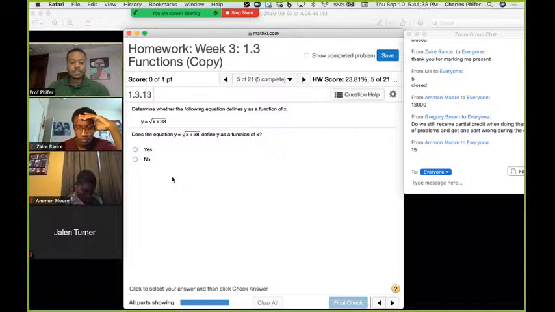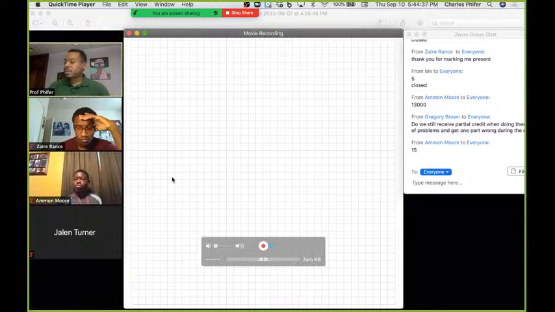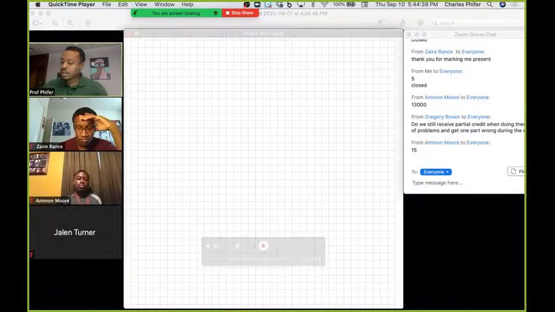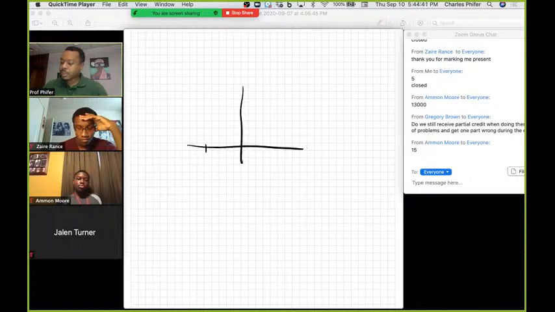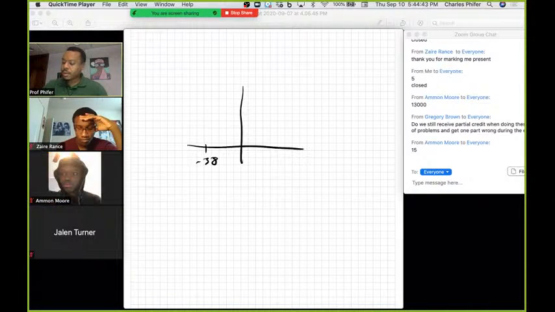Let me show you. Say here's negative 38 here. The graph is going to be like this. If the graph was like this, is this a function, yay or nay? Does this pass or fail the vertical line test? So if this were the graph, this passes.